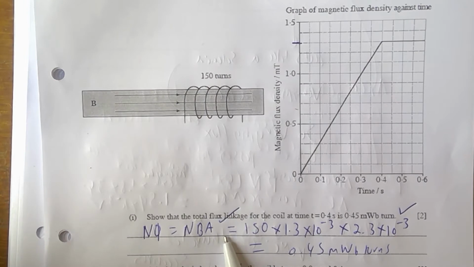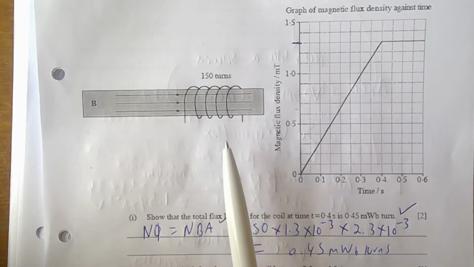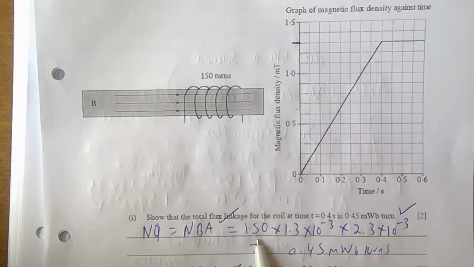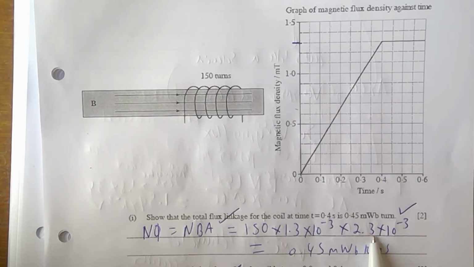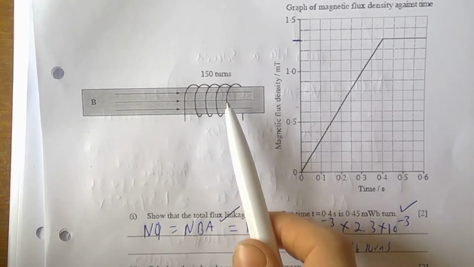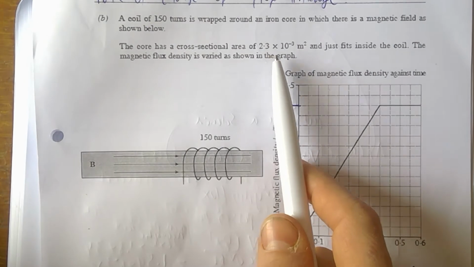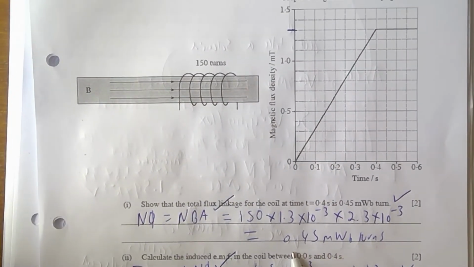The cos theta bit I don't need to worry about because the angle is 0 degrees to the normal of that area. 150 turns times the 1.3 millitesla times the area of the coil, which is here, does indeed give you 0.45 milliweber turns.